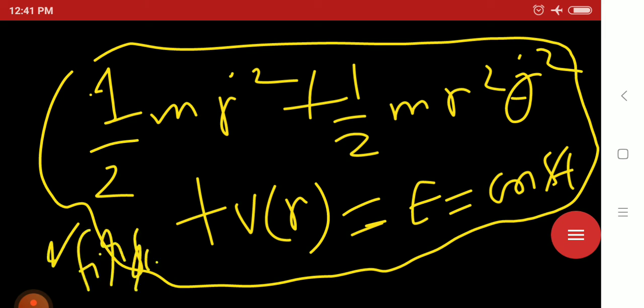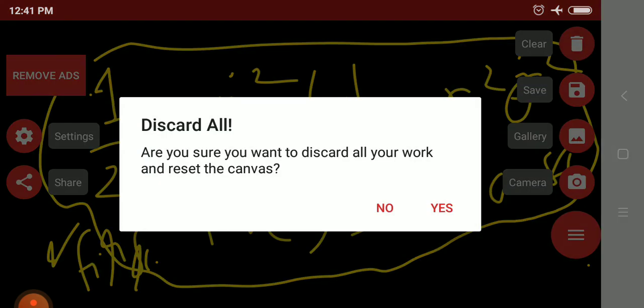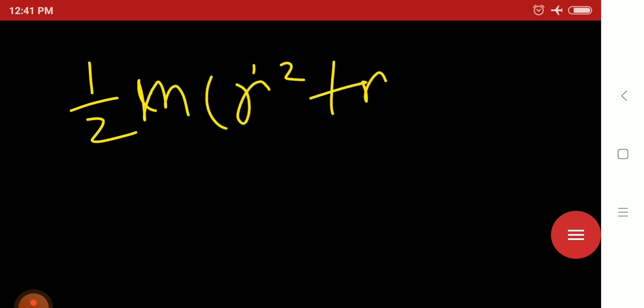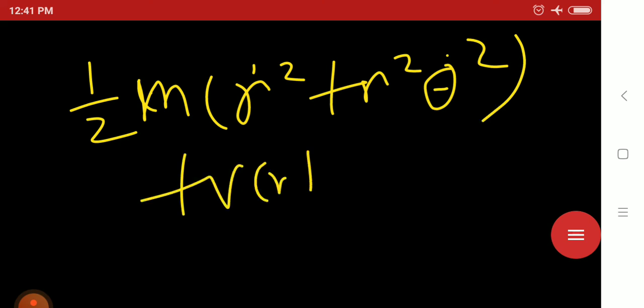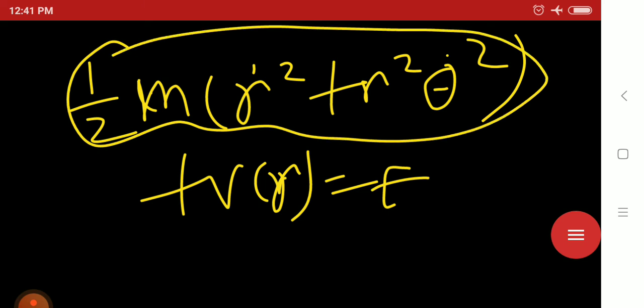Arranging properly, we can get half m, r dot square plus r square theta dot square, plus V of r equals E. This is the kinetic energy in plane polar coordinates, and V of r is the central force motion potential energy.